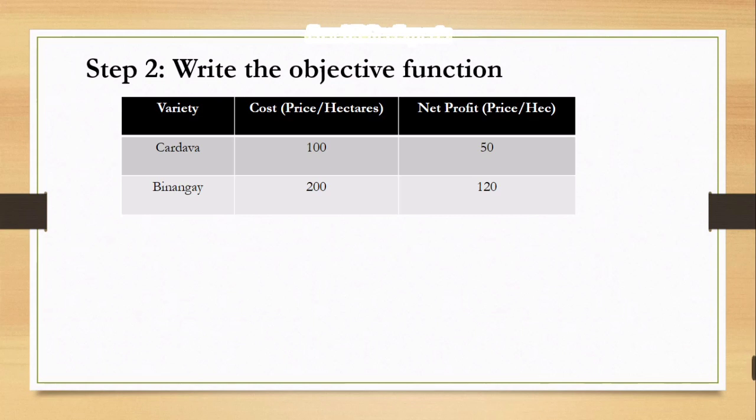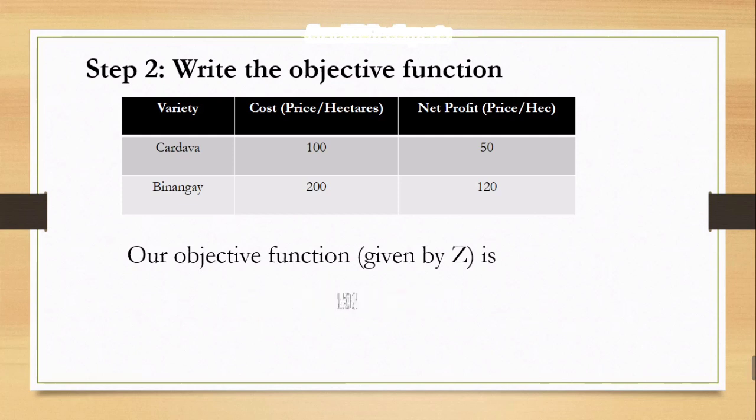The farmer earns a net profit of 50 pesos for each hectare of cardava and 120 pesos for each hectare of binangay. So therefore, our objective function is: maximize z = 50x + 120y.